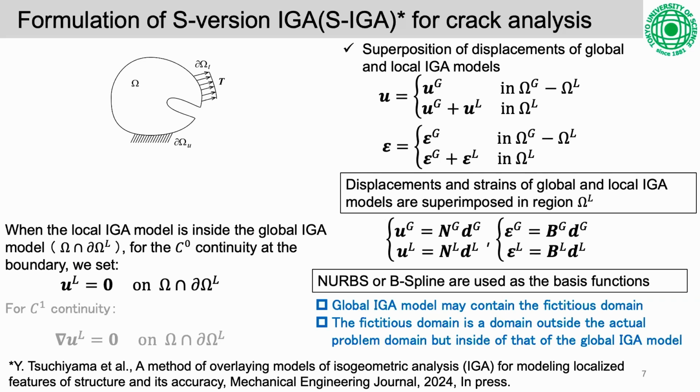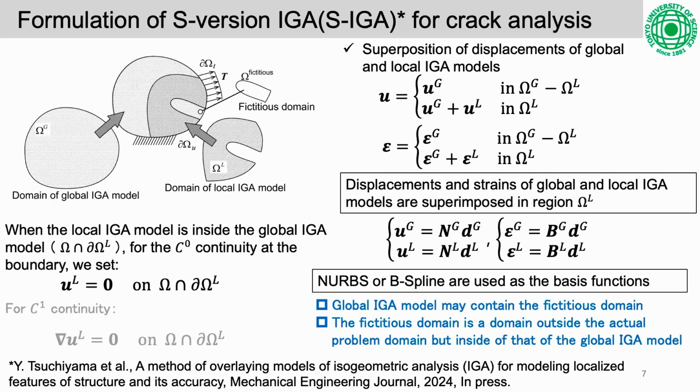Okay, here is the boundary value problem, with some notch here. And in the S-method, what we do is that we have one IGA model or finite element model representing the full structure, and another model that represents the localized feature, superimposed on each other.